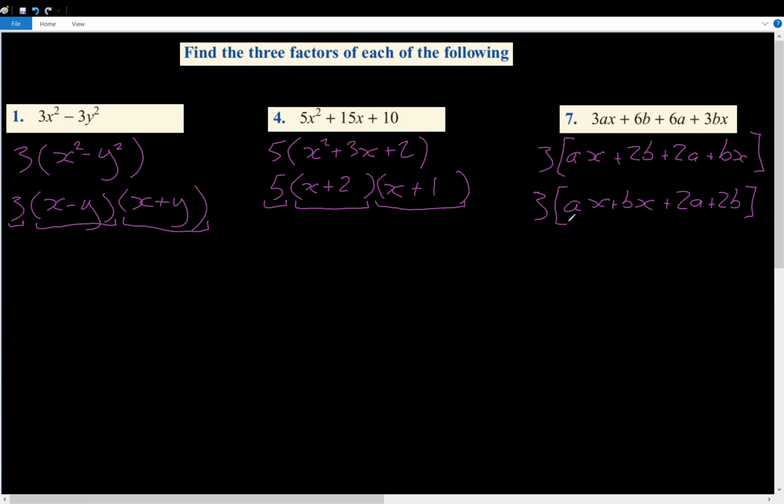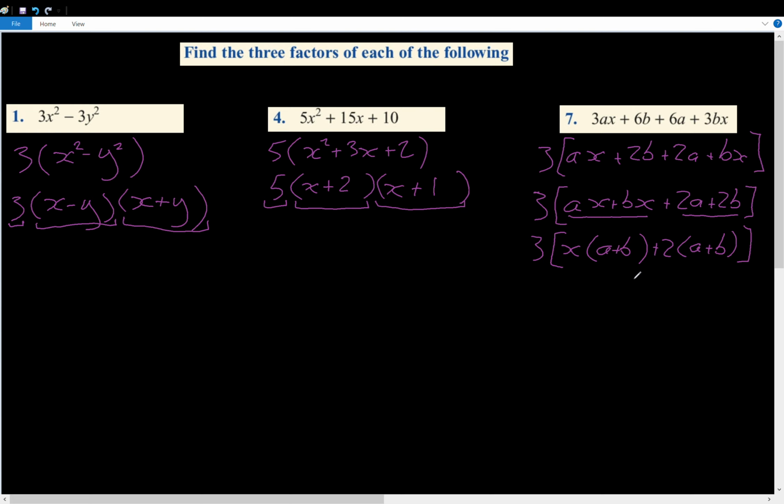Now in each of these pairs, so this first pair here and the second pair here, there's a common factor to be taken. So we're going to do that now. From the first pair, the highest common factor is x. It's going to have x times a plus b, like so. And from the second pair, the highest common factor is 2. So we have 2 times a plus b, like that.